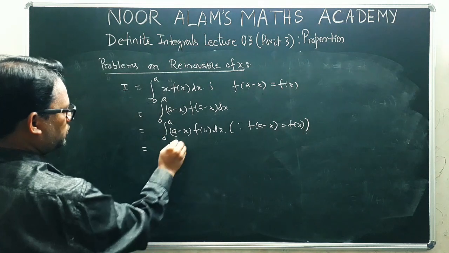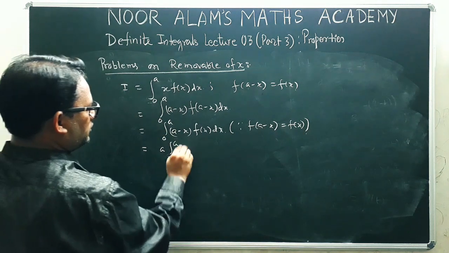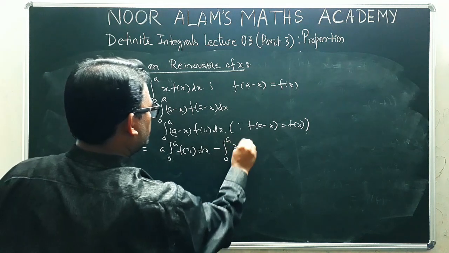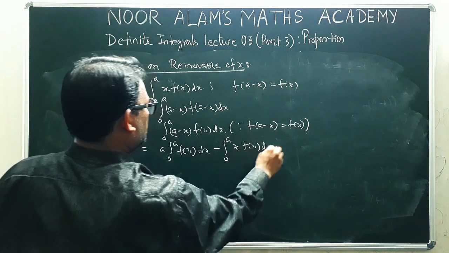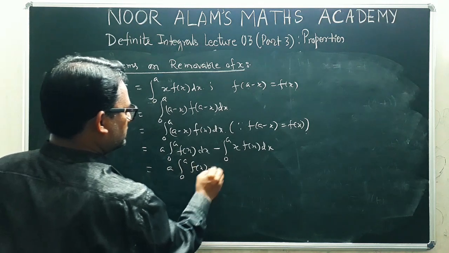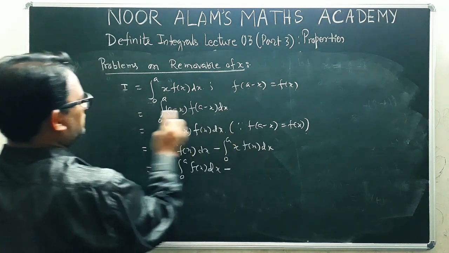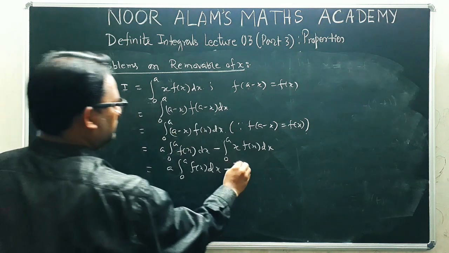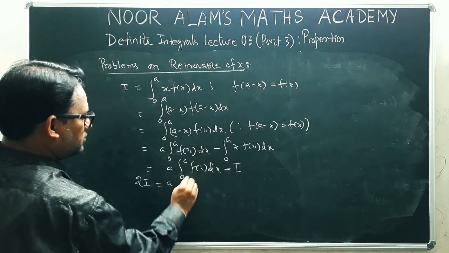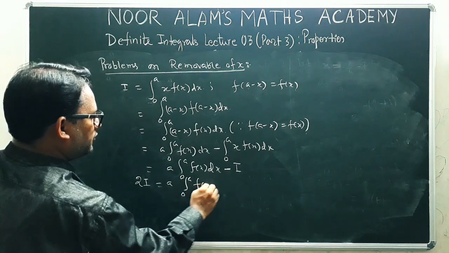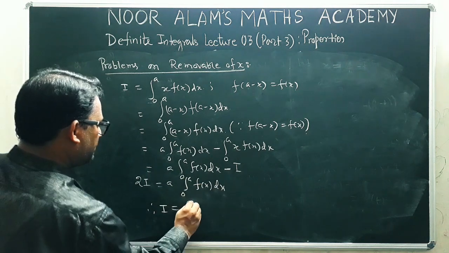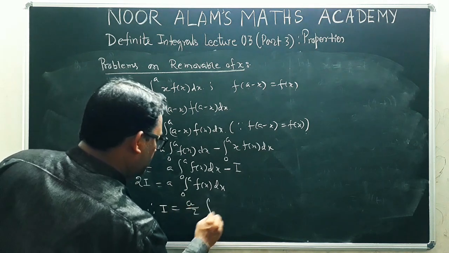After that, from 0 to a, you can take a outside, so it will be f(x) dx, and then minus integral of x f(x) dx from 0 to a. Now what happened? a times integral of f(x) dx from 0 to a, and the other term is nothing but the given integral I. Taking I on the left hand side, we can write 2I equals a times integral of f(x) dx from 0 to a. Therefore I equals a by 2 times integral of f(x) dx from 0 to a.